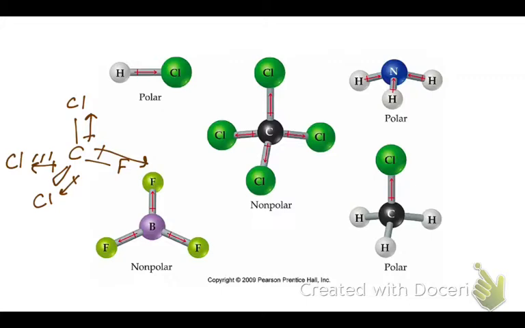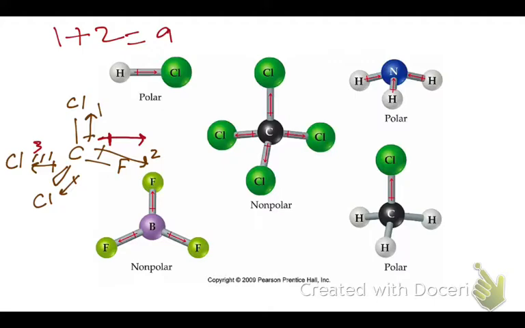So now, if this is 1 and this is 2, and you add 1 to 2, then the result, A, is not going to be in the middle. It will lean towards the larger dipole, which is the fluorine dipole.